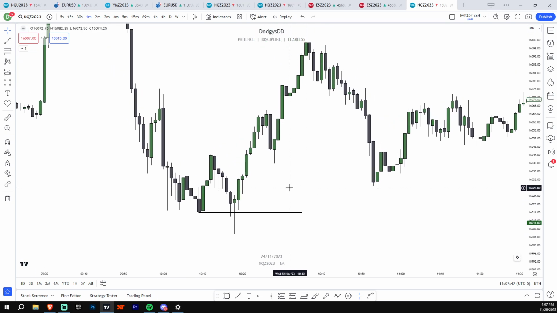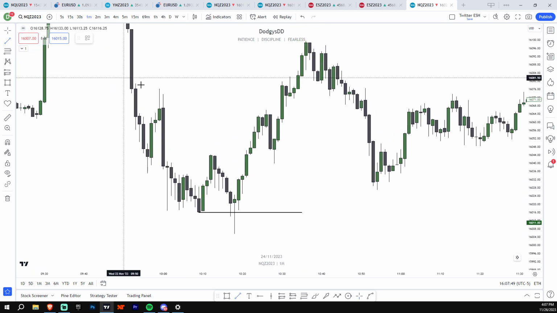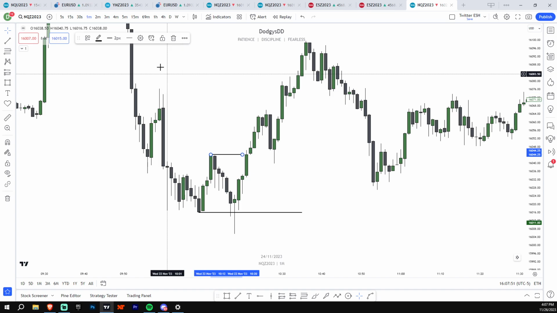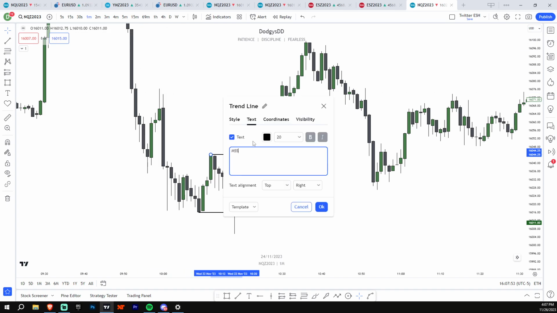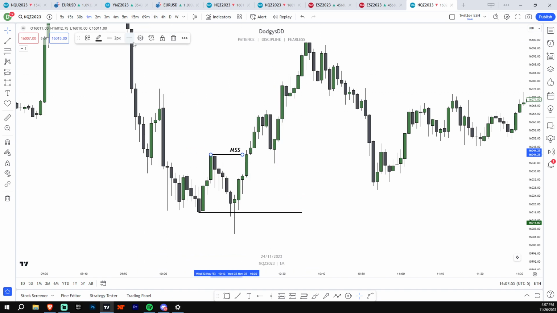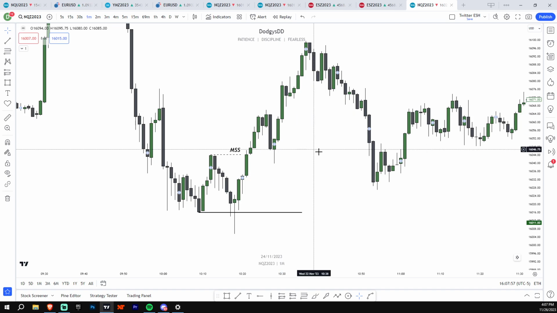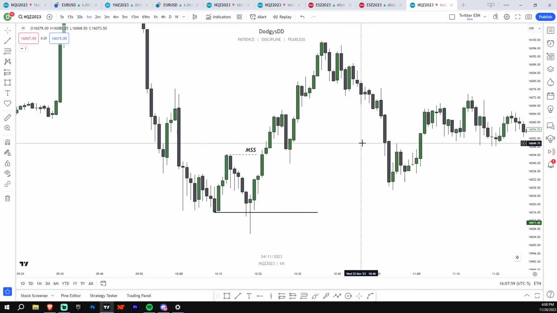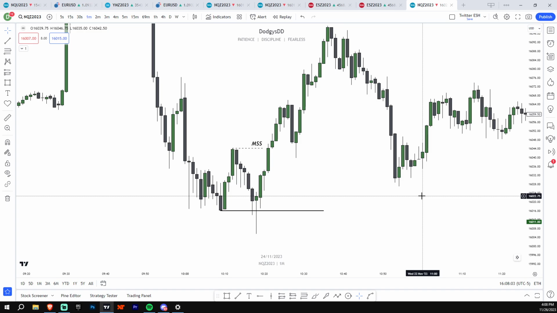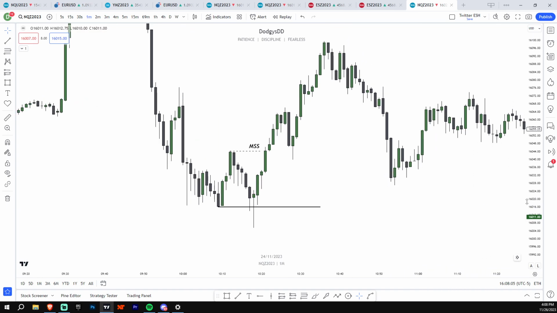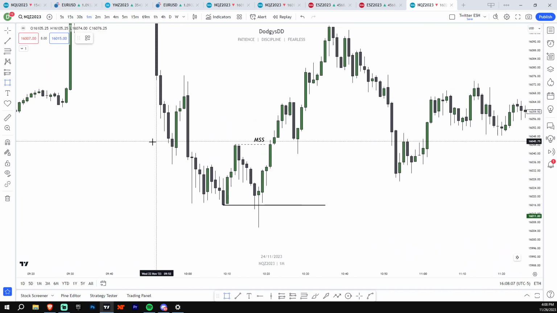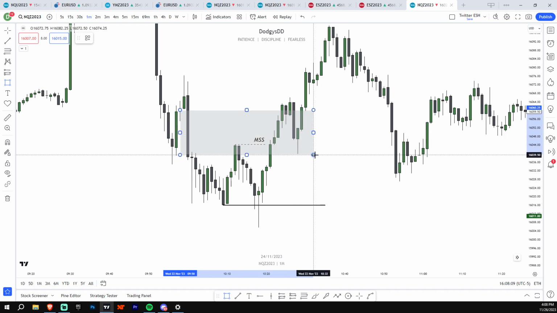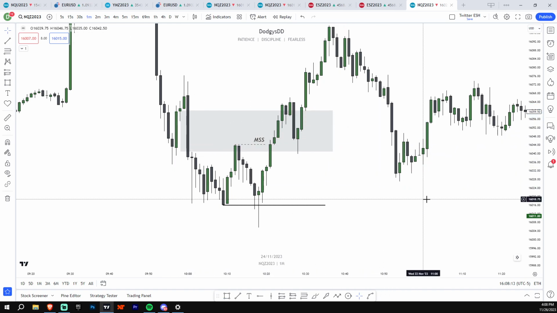Now, you get the 2022 model right here, okay? So here's a market structure shift. It's very clear. And we get the market structure shift after purging this low. Here's what I'll say. You guys know how I like to trade. I'll see the market structure shift, but I don't trust the retracement unless we get an inversion.